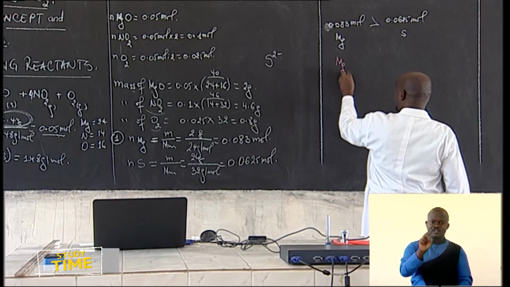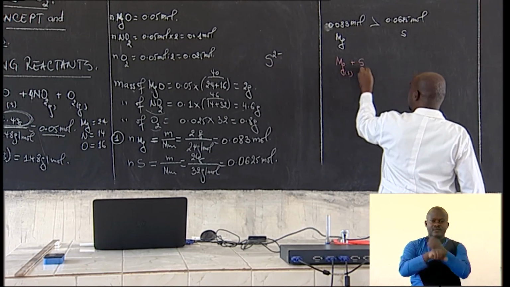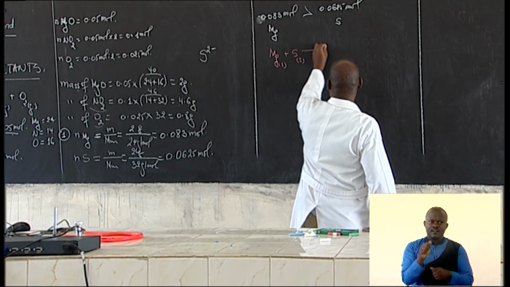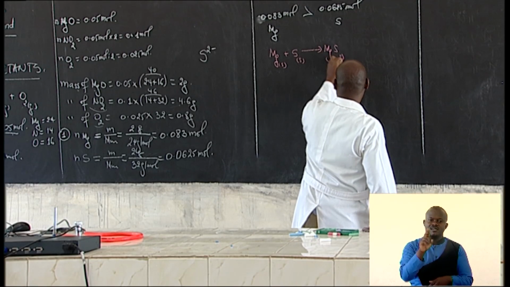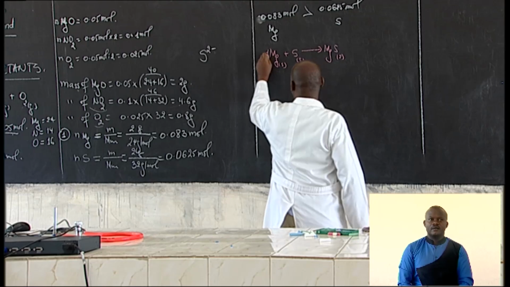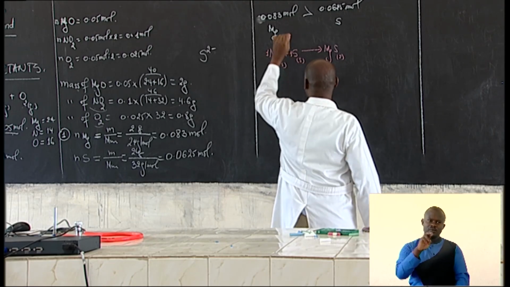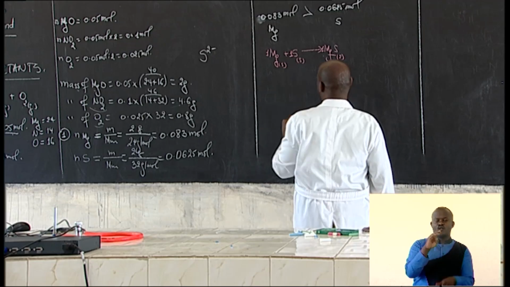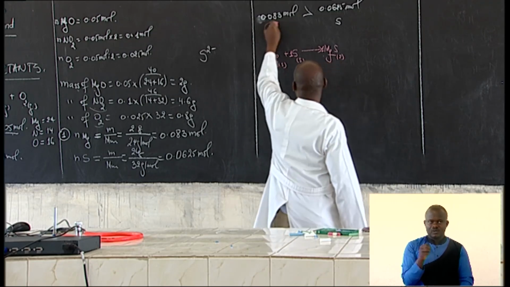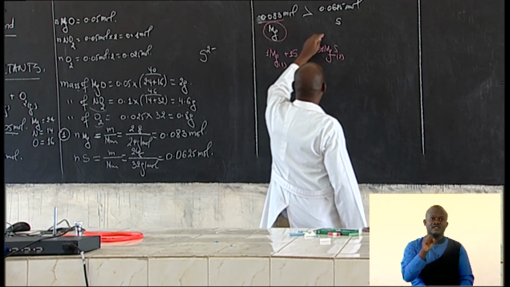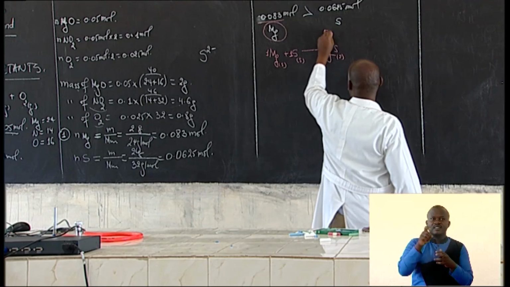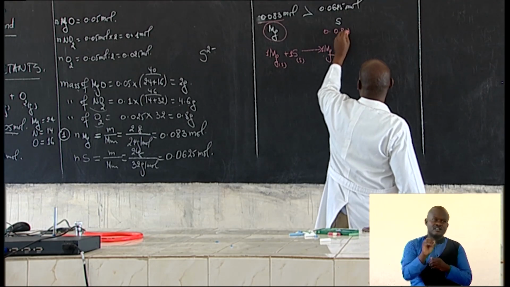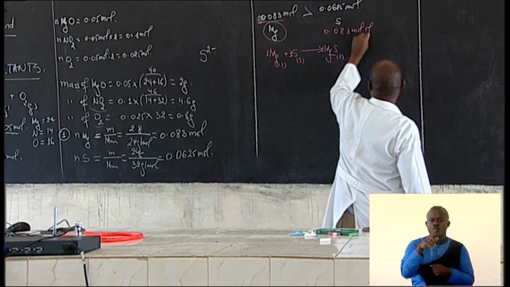magnesium reacts with sulfur to produce magnesium sulfide. One particle needs one particle to produce one particle of magnesium sulfide. So for magnesium, if we have this, we would be needing 0.083 mole of sulfur.